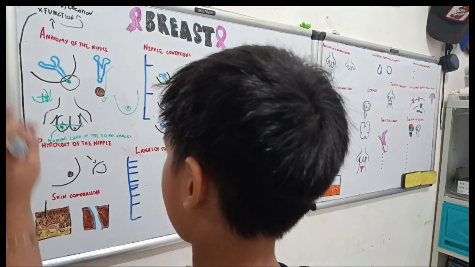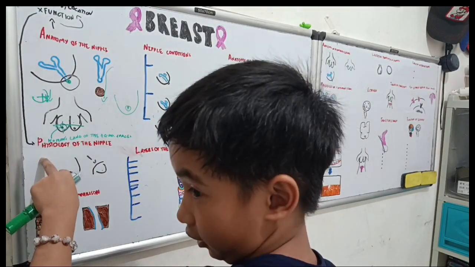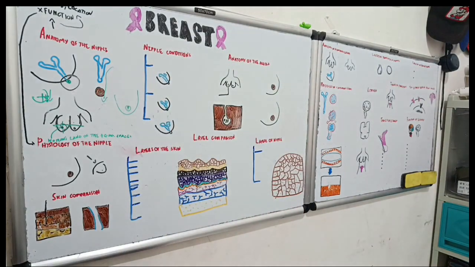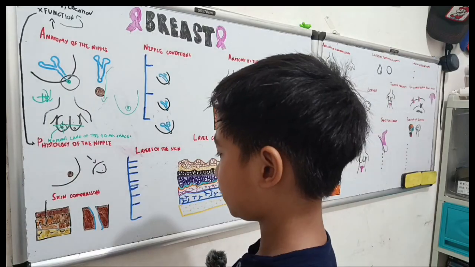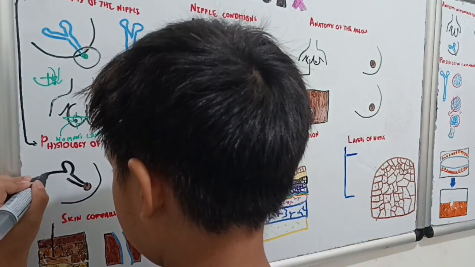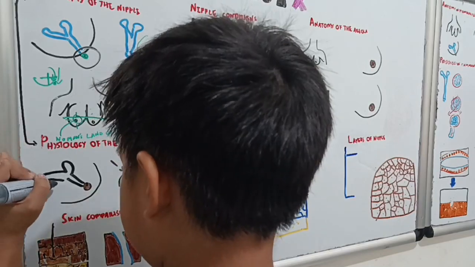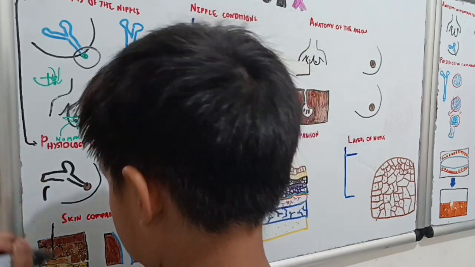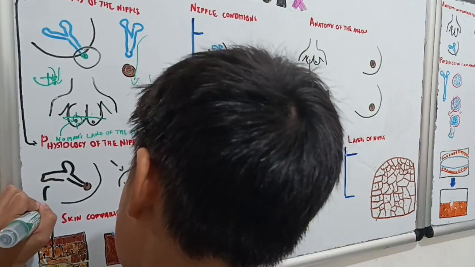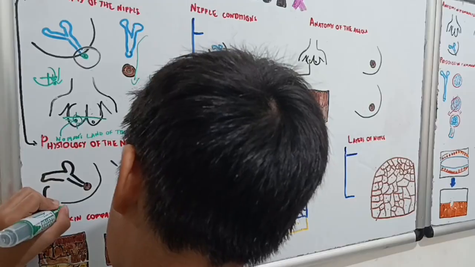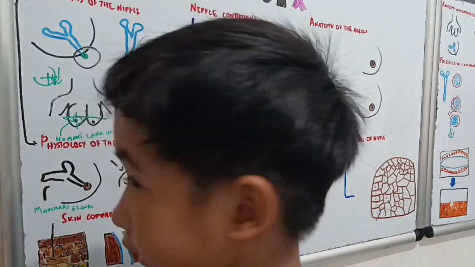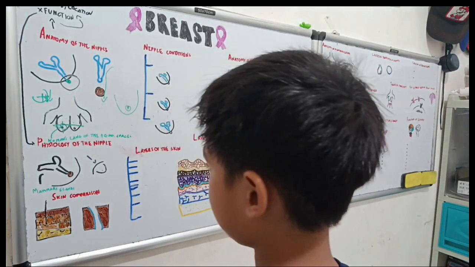So if that's the anatomy of the nipple, let's talk about the physiology of the nipple. What's the physiology of the nipple? Let's just say these are mammary glands. Let's just say those are the mammary glands.